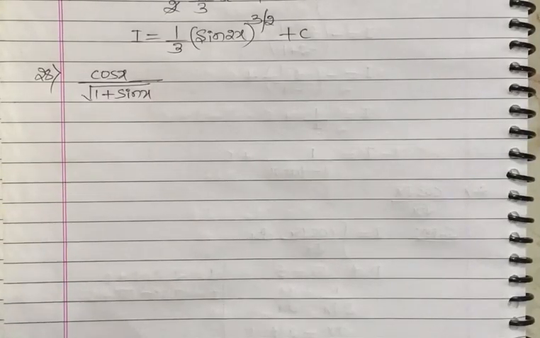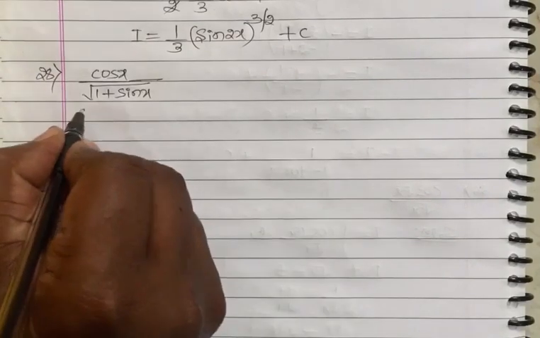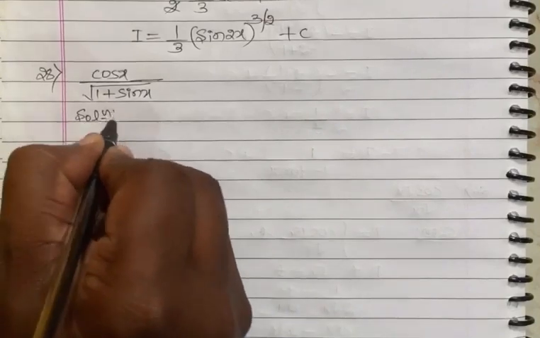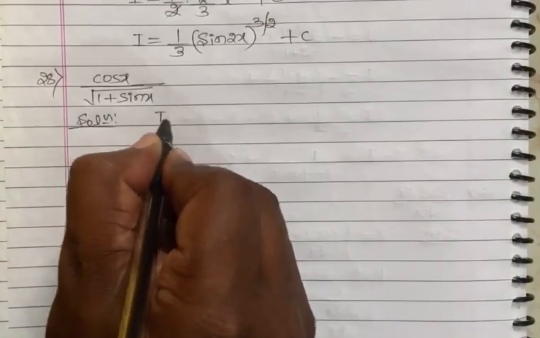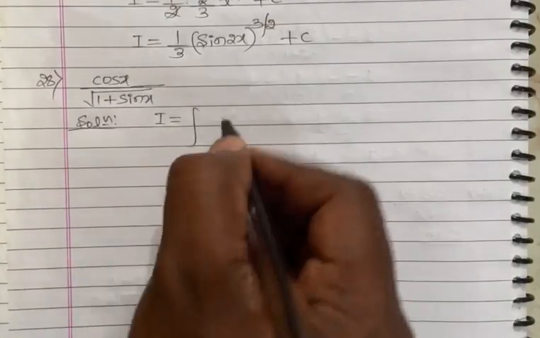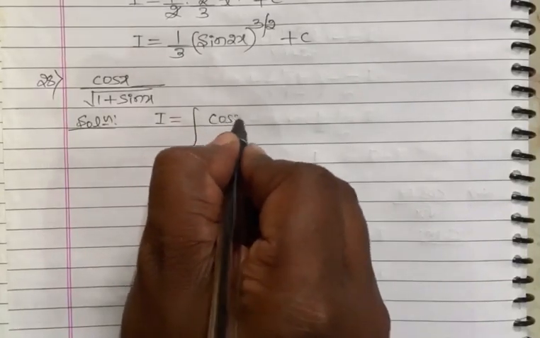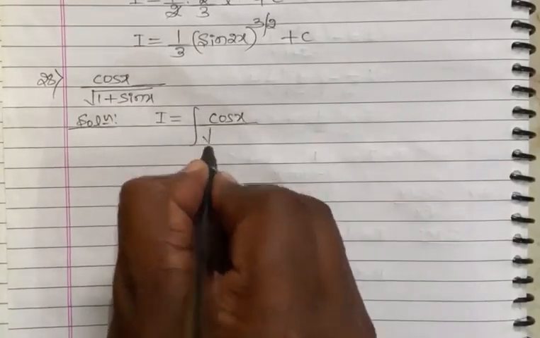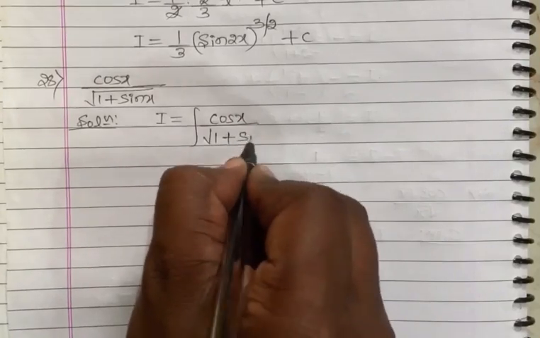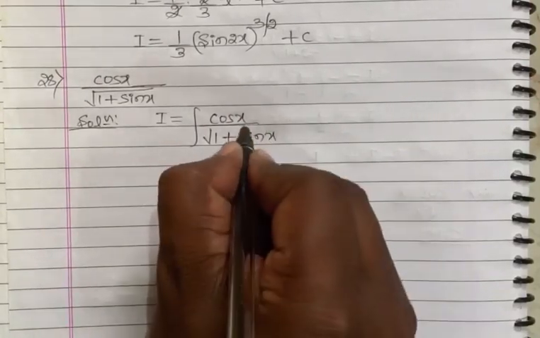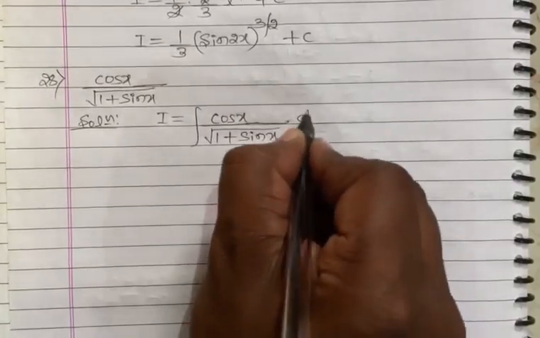Well, the 28th question is cos x divided by under root 1 plus sin x. So consider this as I, which equals the integral of cos x divided by square root of 1 plus sin x dx.